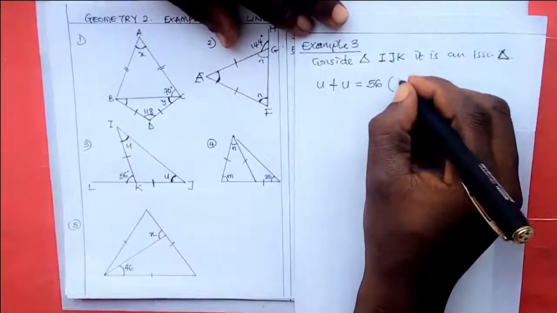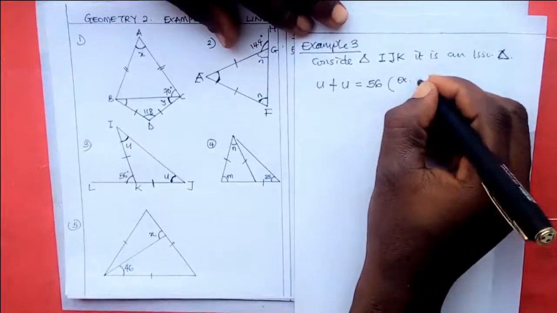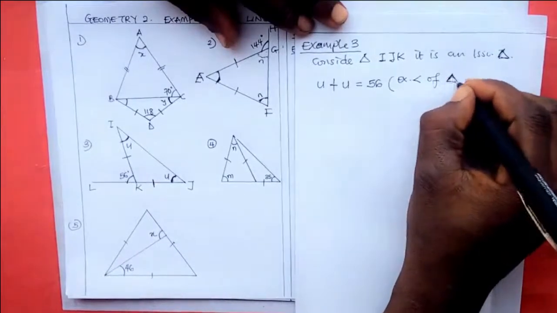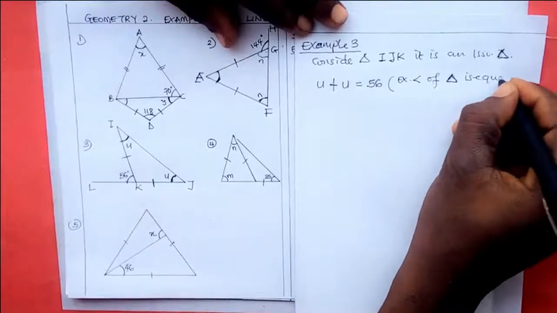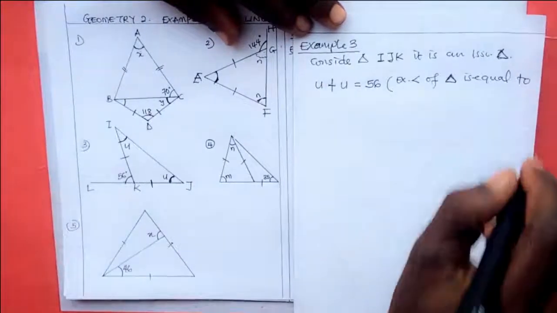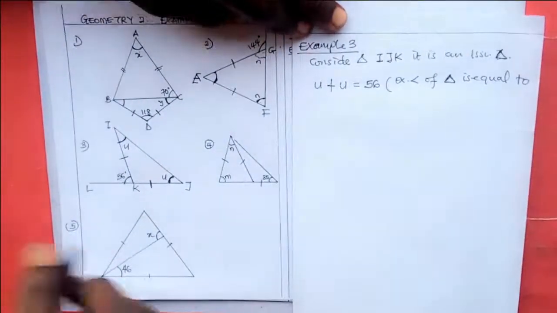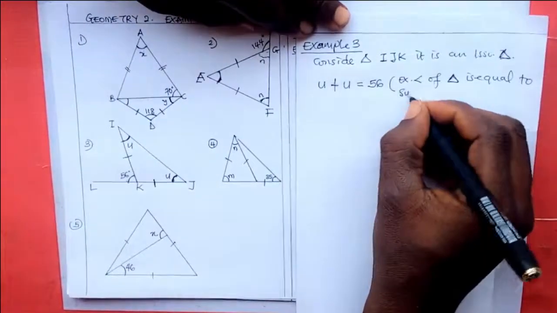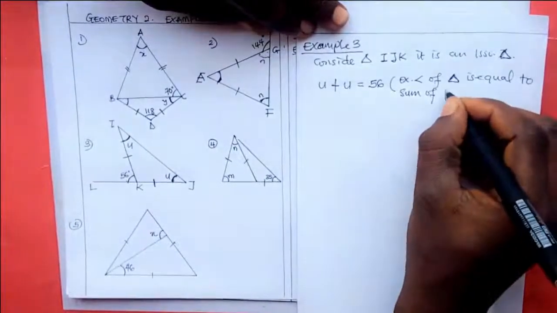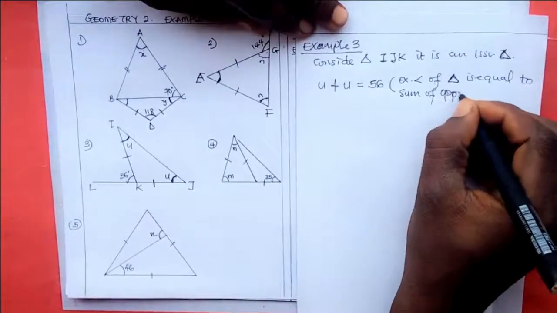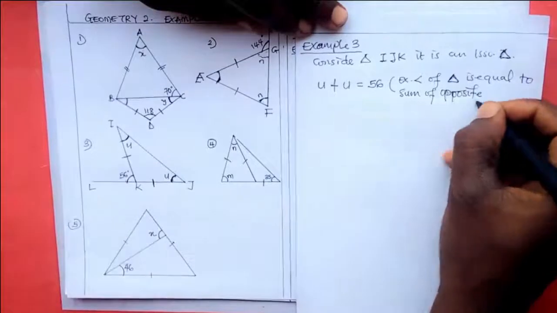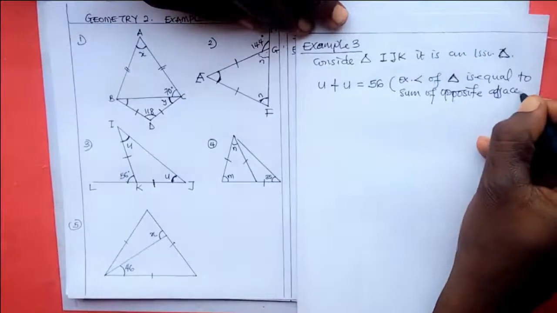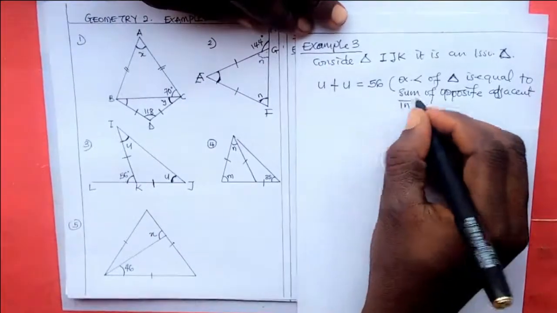The exterior angle of a triangle is equal to the sum of the opposite adjacent interior angles.